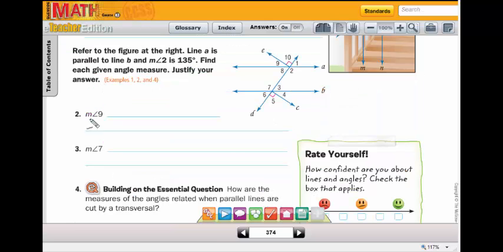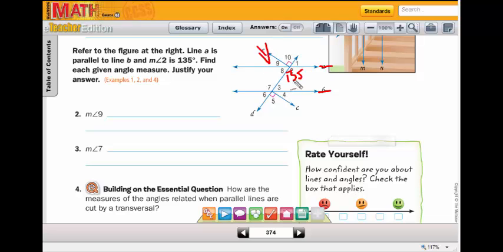All right, problems 2 and 3. Refer to the figure at the right. Line A, right here, is parallel to B, and the measure of angle 2 is 135 degrees. So this right here is 135 degrees. Find each given angle measure and then justify your answer. So we're looking for the measure of angle 9 right there.